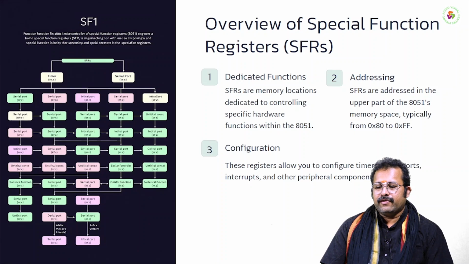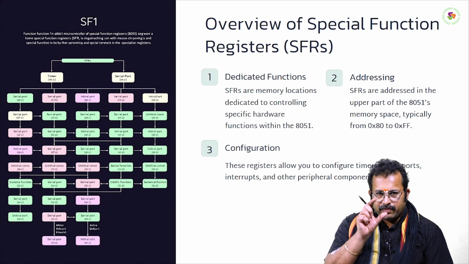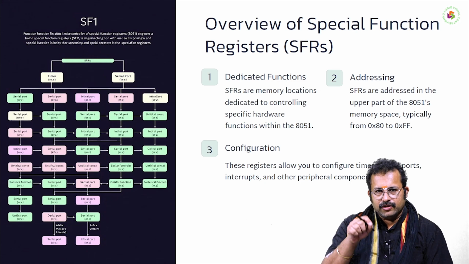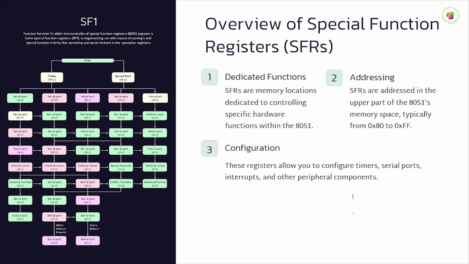Special function registers are separate memory locations dedicated to control specific hardware functions of the 8051. On the chip of the 8051, we have two timers, timer 0 and timer 1, and a UART device, the universal asynchronous receiver transmitter, which is used for serial communication.